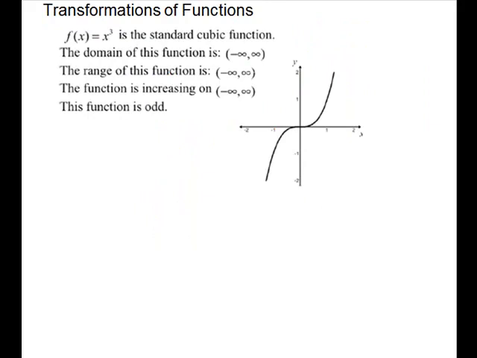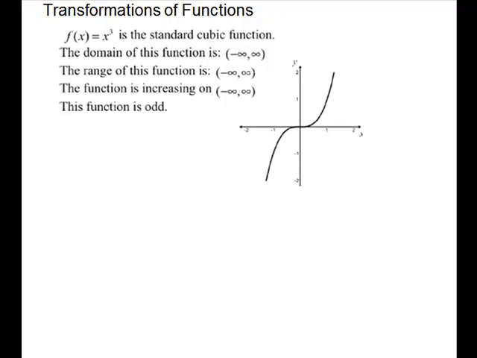Next is our y equals x cubed function, which is the standard cubic function, and it is a curve that goes through the 0, 0 and then turns back. And you'll see when we plot some points, this little piece in here, if you just get 3 points, it looks like a line. So we're going to need more. For the domain on this function, as it keeps going down, it will go to the left.